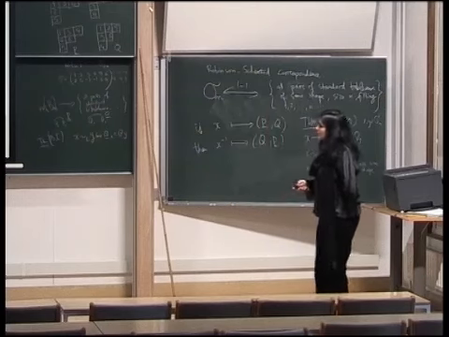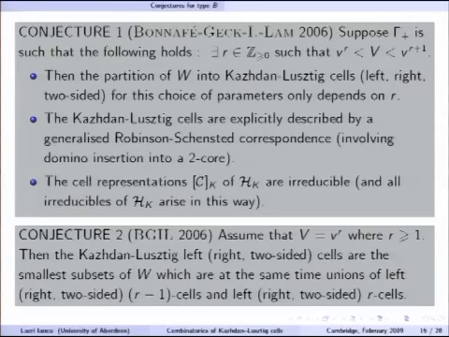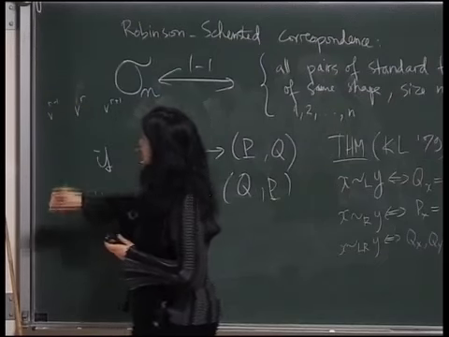And in that case, it should turn out that the cells, be they left, right, or two-sided, are the smallest subsets of W which are at the same time unions of cells obtained from the R before and from the R after. So you have v to the R, v to the R plus 1, and v to the R minus 1.